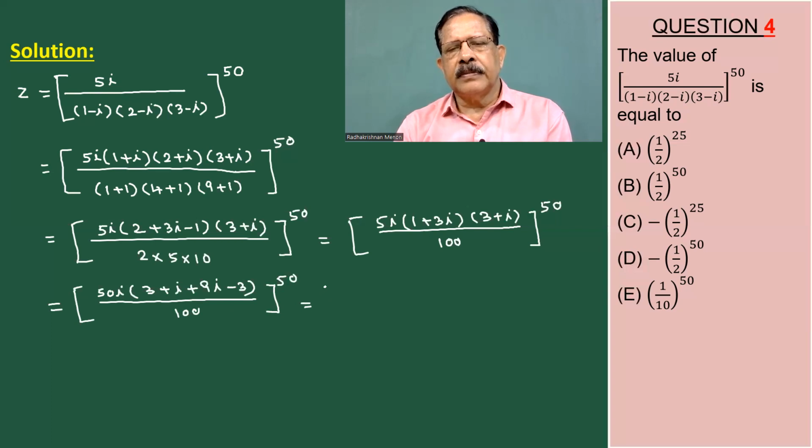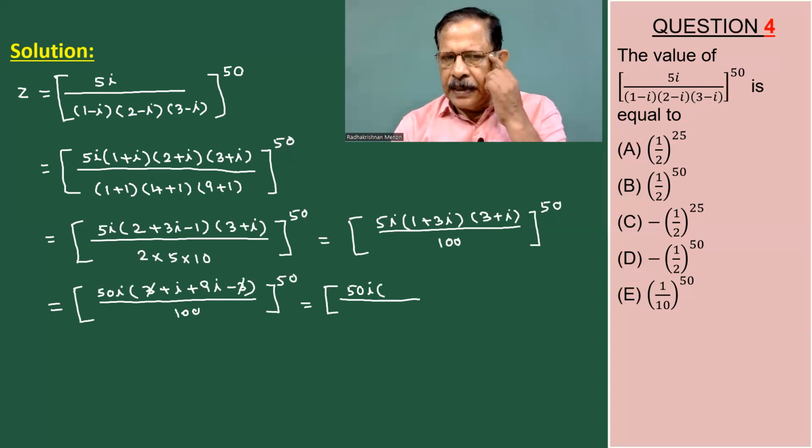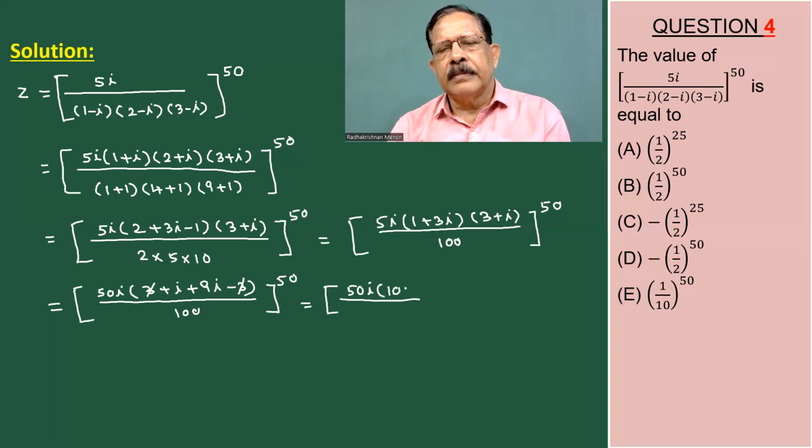It is equal to the numerator 50i into, the 3 and minus 3 getting cancelled, you get 10i. The denominator is 100, the whole raised to 50.